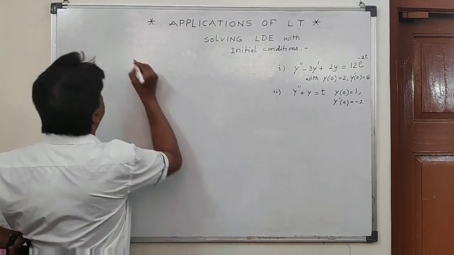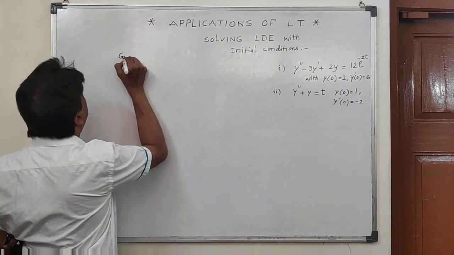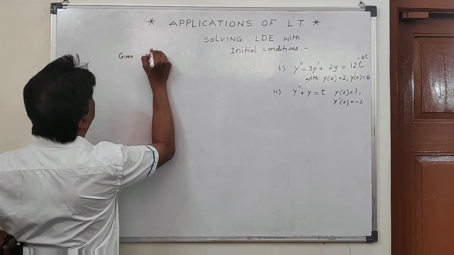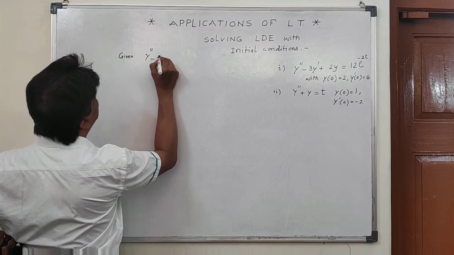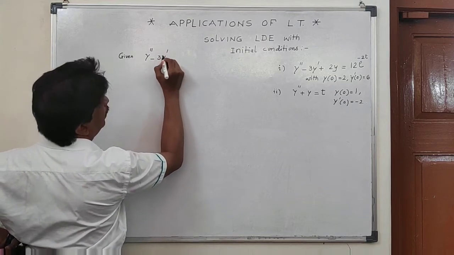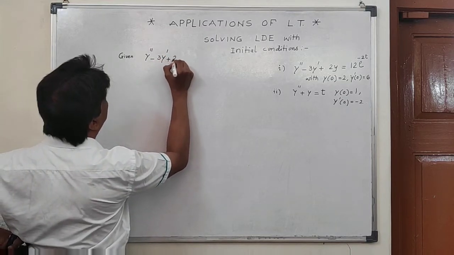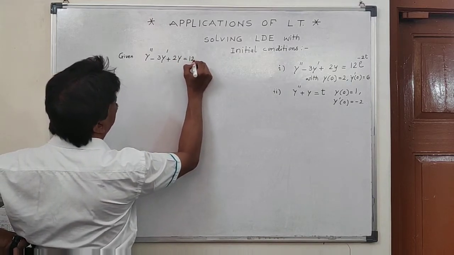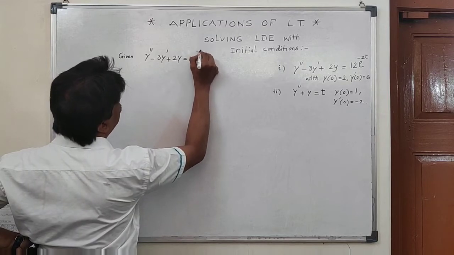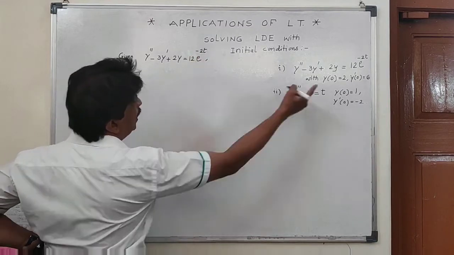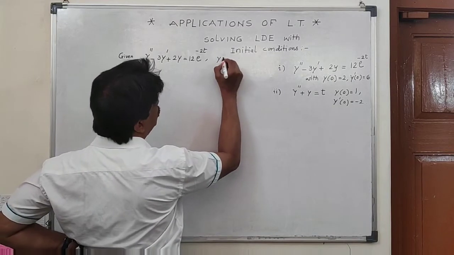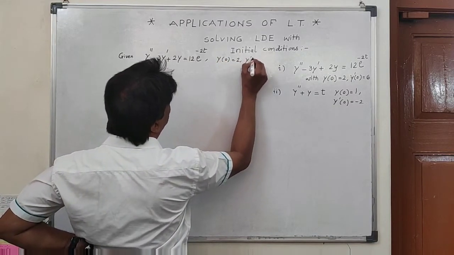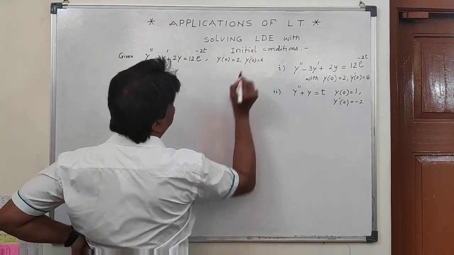First is given y double dash minus 3y dash plus 2y is equal to 12 e raised to power minus 2t, subject to initial conditions y of 0 is 2, whereas y prime of 0 is 6.